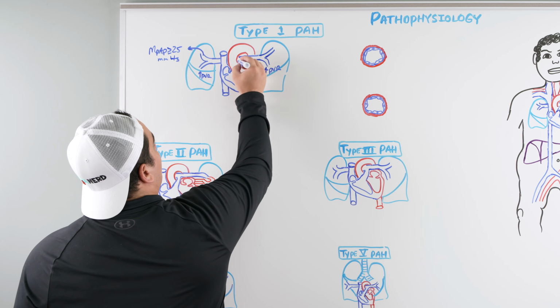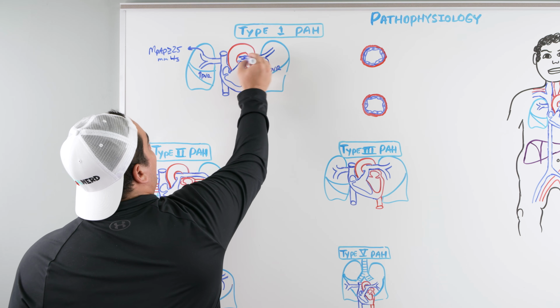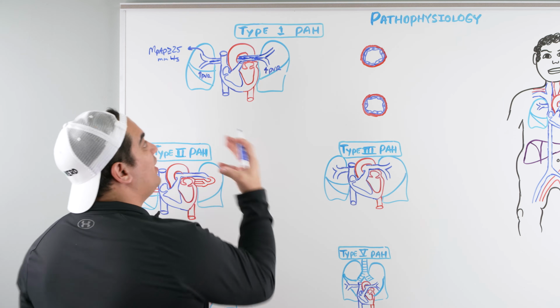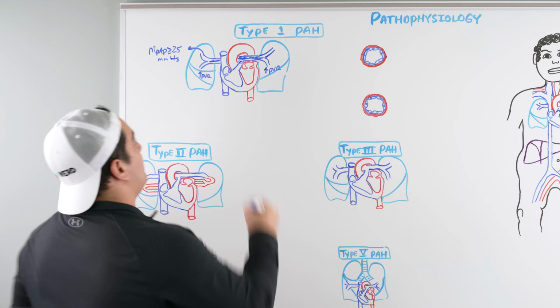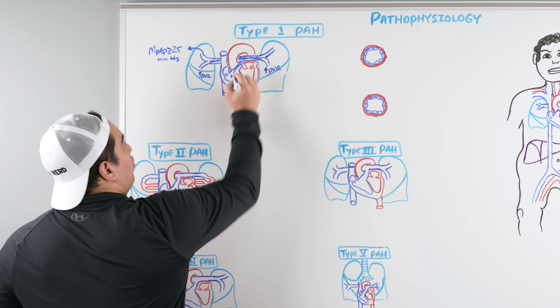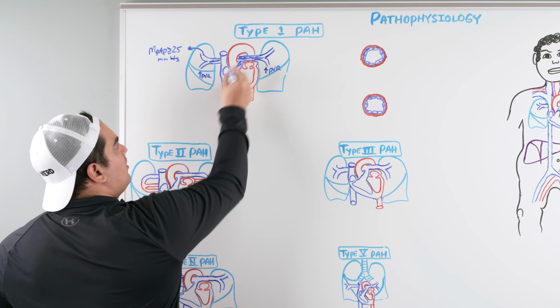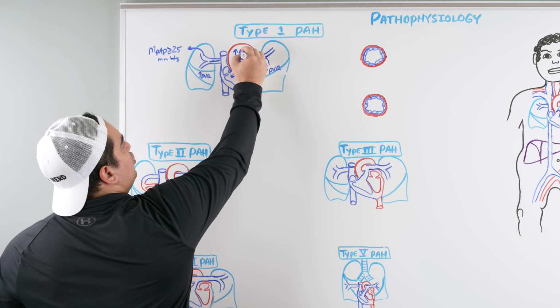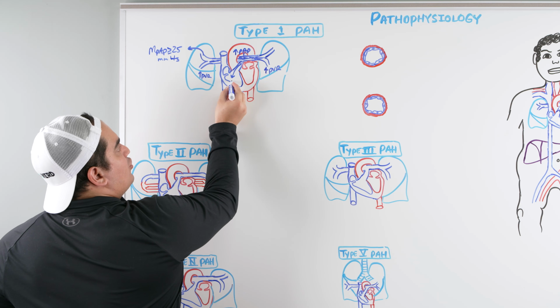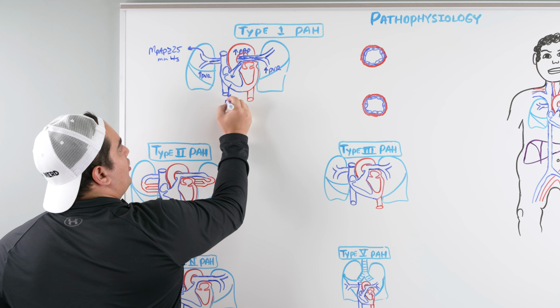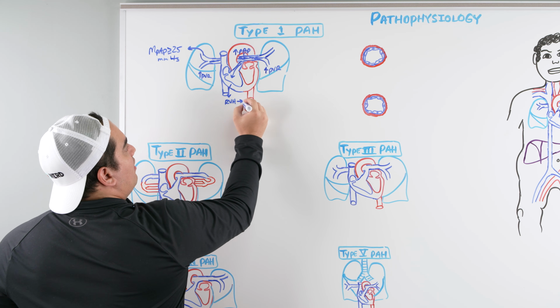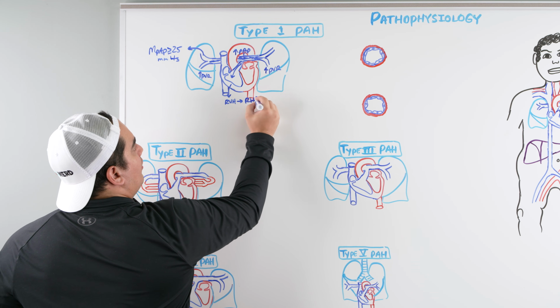So now the pressure within this pulmonary circulation is super, super high. That creates a strain on the right heart. If the pulmonary artery pressure is super high, it will cause the right heart to undergo right ventricular hypertrophy, and then eventually go into right heart failure.